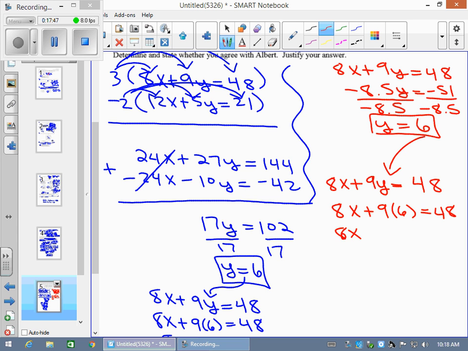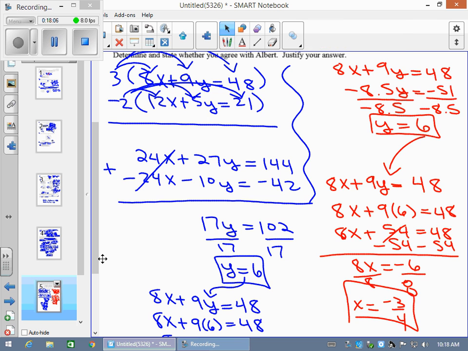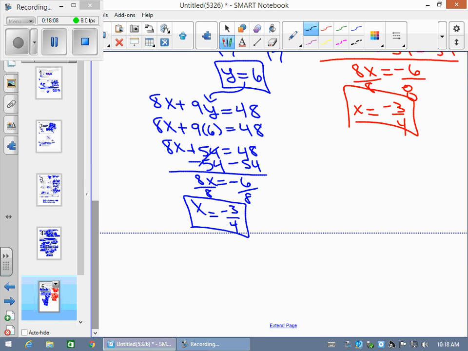Again, if I go through and solve for x, I should get -6 over 8, which is -3/4. So then you would have to say, I agree, did justify your answer because you supported it with work.